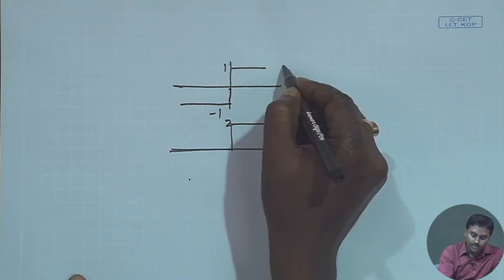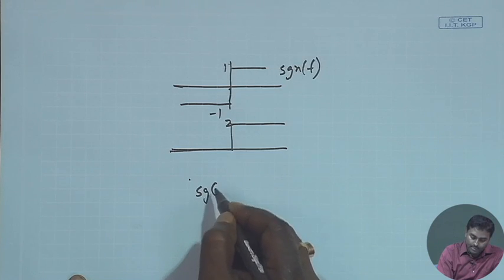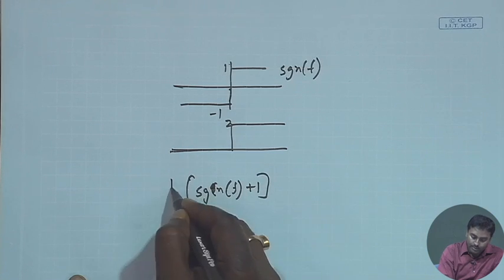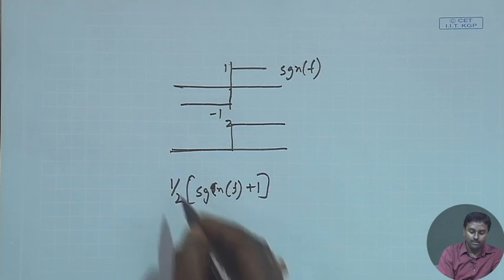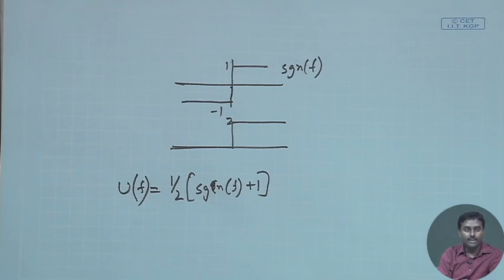So if this is my signum F, then signum F plus 1, into half, must be my UF. So UF I can write this way.